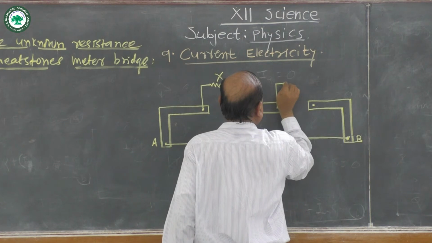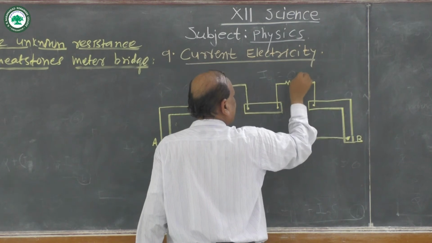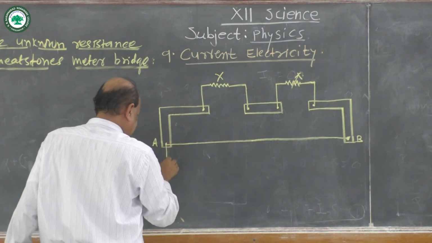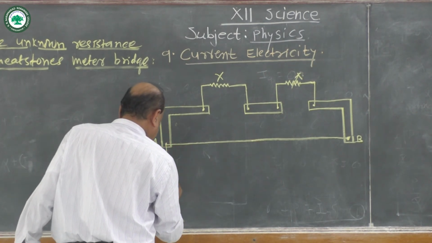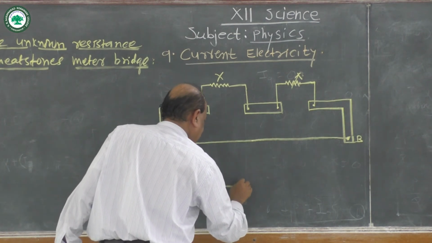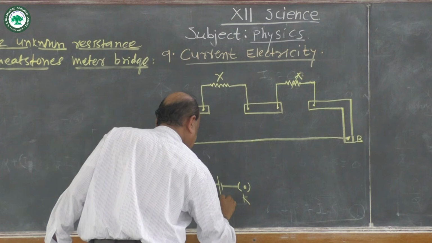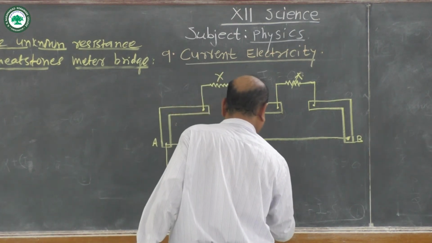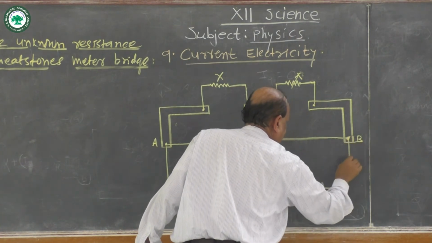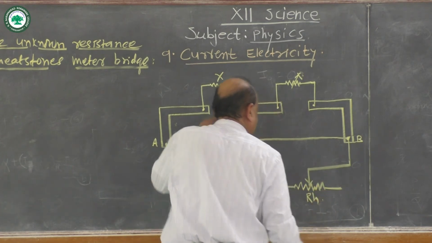Now here is a variable resistance box, and now battery connections will be: point A is connected to the positive terminal of the battery through plug key K. This is the source of EMF E. Here is the rheostat.